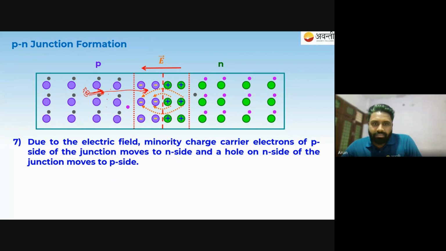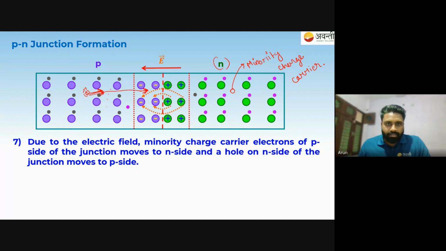Here in the n-type semiconductor, we already have holes, which are the minority charge carriers. They are in the minority, but they exist, they do not vanish.